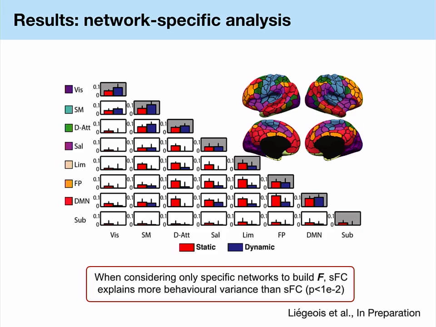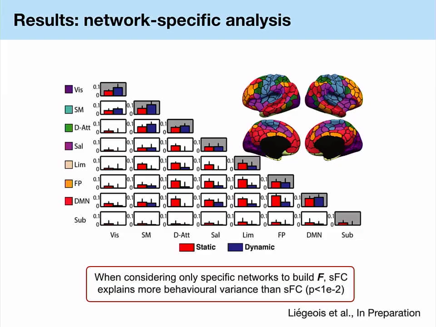This can also have an interpretation in terms of integration, segregation, where DFC would be more related to integration between different networks, and static functional connectivity would be more capturing segregated properties of the brain.